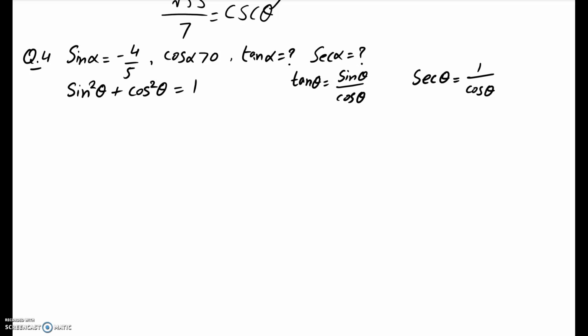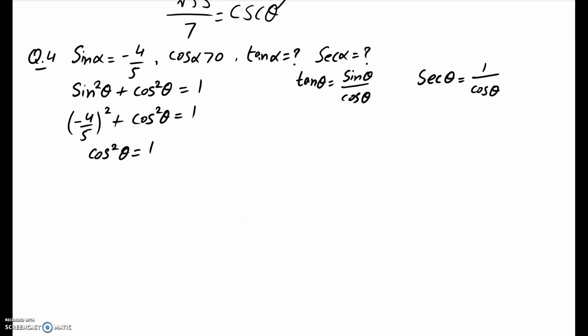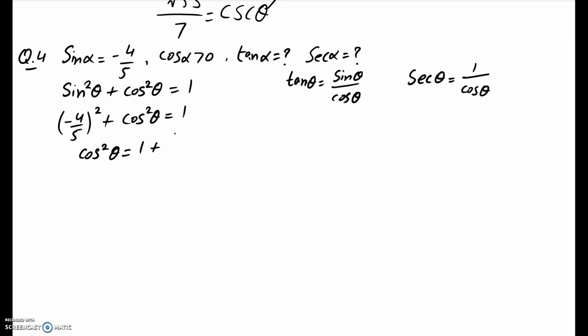Now let's substitute the values. Negative 4 over 5, squared, plus cos squared theta equals 1. I'm going to simplify it and take it to the other side: cos squared theta equals 1, and because of the square, this negative becomes positive, plus 16 over 25.